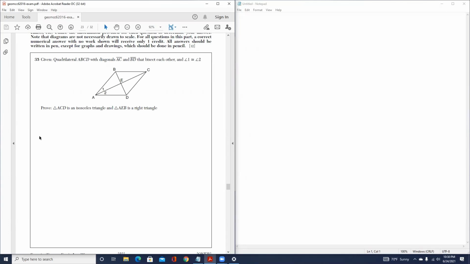So going on to the more difficult proof, we have to prove that ACD is an isosceles triangle and AEB is a right triangle. So I may have to extend this proof onto the right side. Hopefully we'll have to do that.